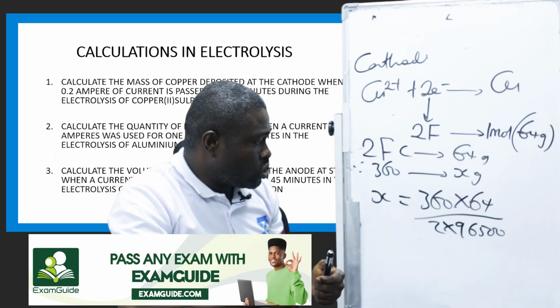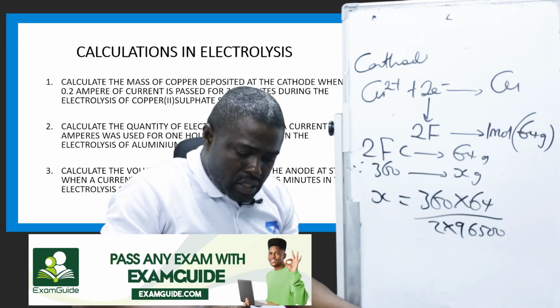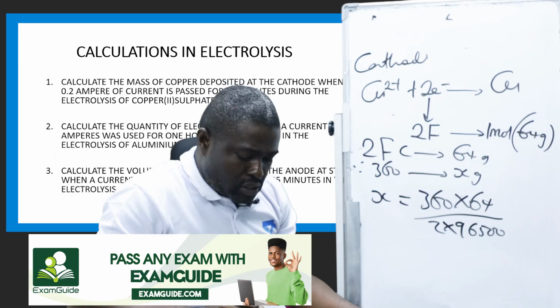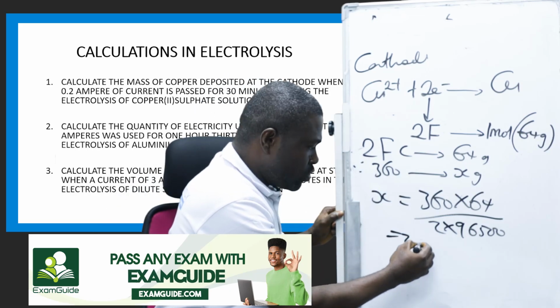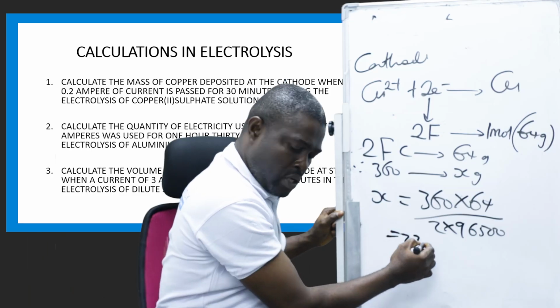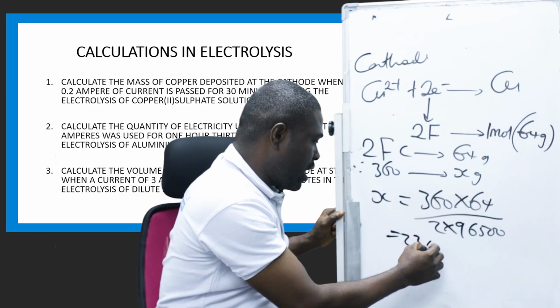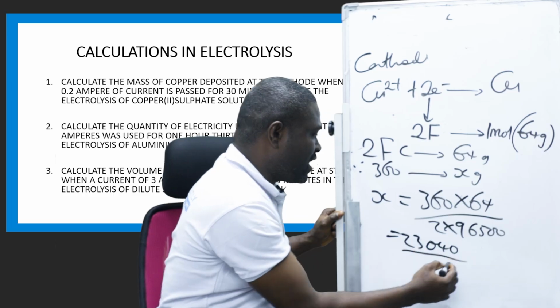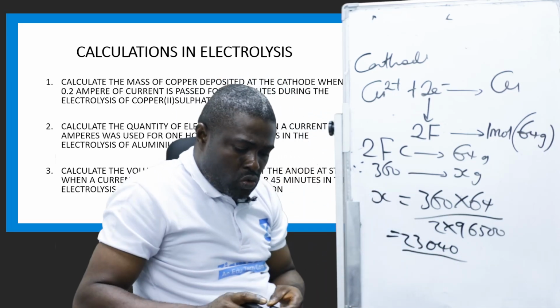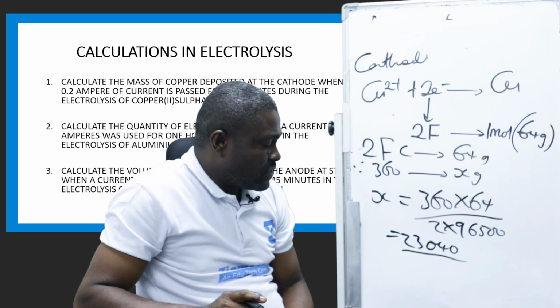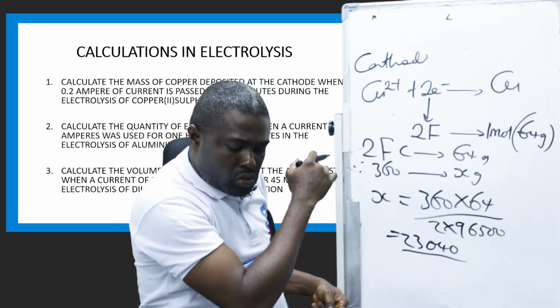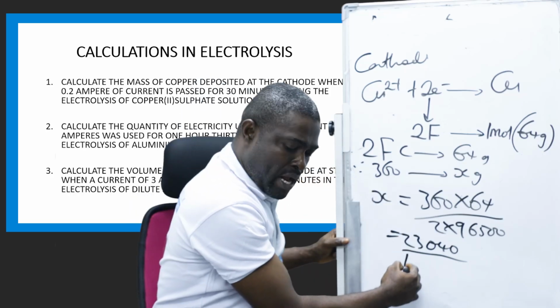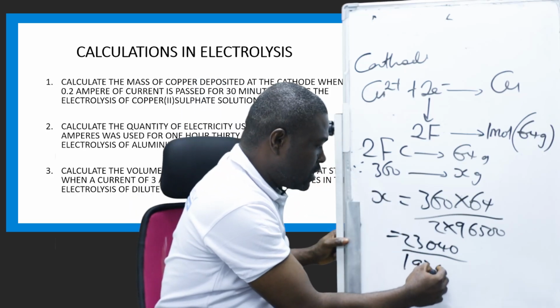So can we do the calculation there now? We have 360 times 64. Here will give me 23,040, all divided by 2 times 96500. 2 times 96500 will give me 19300.